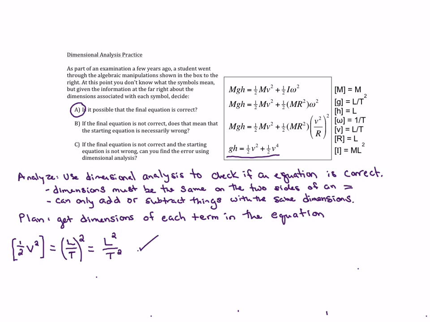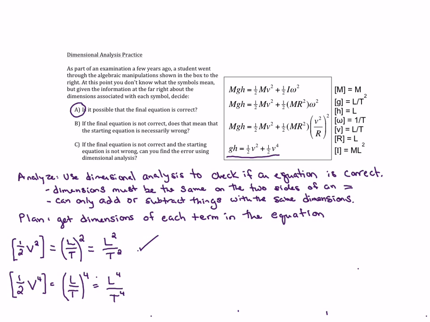Now what I want to do is to get the dimensions of the half v to the fourth. So this is almost the same. The only thing that's different is that the v is taken to the fourth power, so I have length over time, the dimensions of v, but then taken to the fourth power, which would be L to the fourth over t to the fourth.